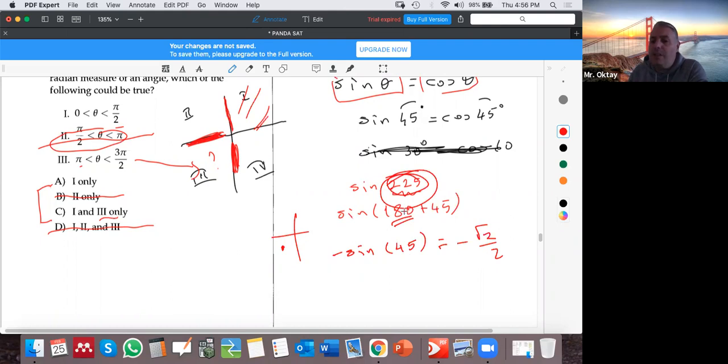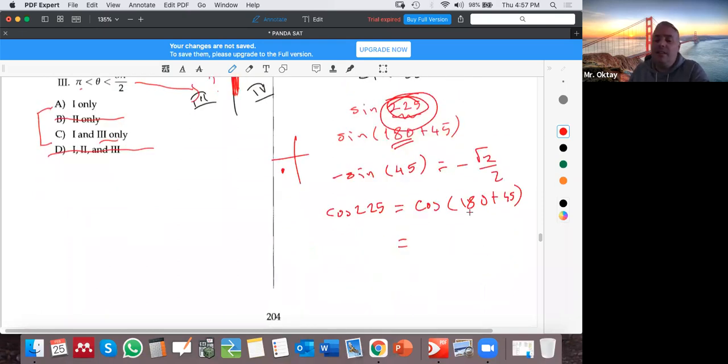What about cosine of 225? Let me check it. This is cosine of 180 plus 45. Since I used the cosine, it is still cosine 45. But cosine is in the third quadrant, it's negative. For that reason, it's minus. So I know that cosine 45 is root 2 over 2.